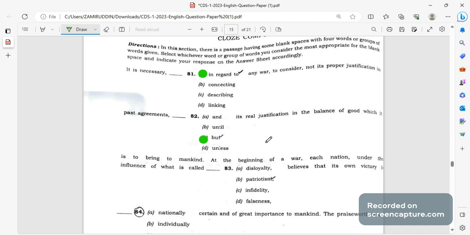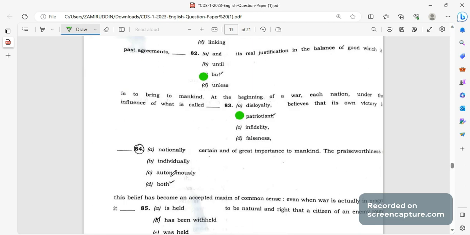At the beginning of the war, each nation under the influence of what is called patriotism believe that its own victory is both certain and of great importance to mankind. देखो यहाँ पर conjunction we are using certain and of great importance. So this is actually both, we can both is the right answer.